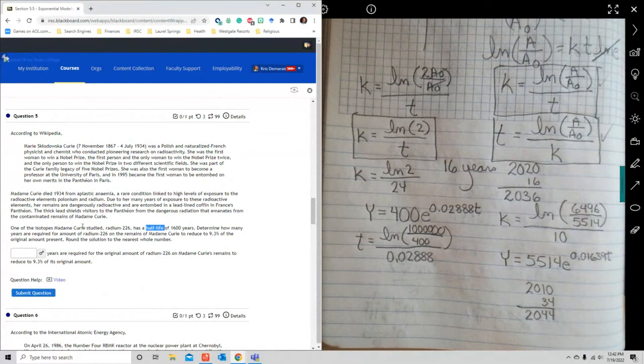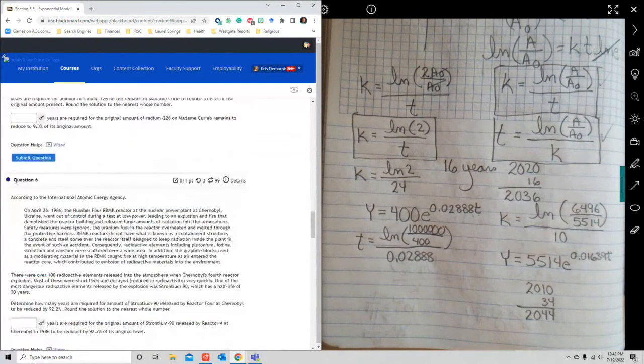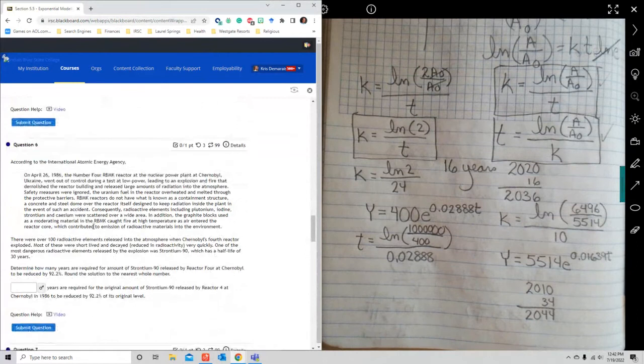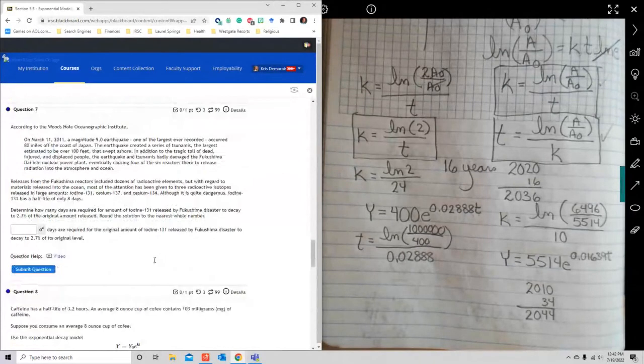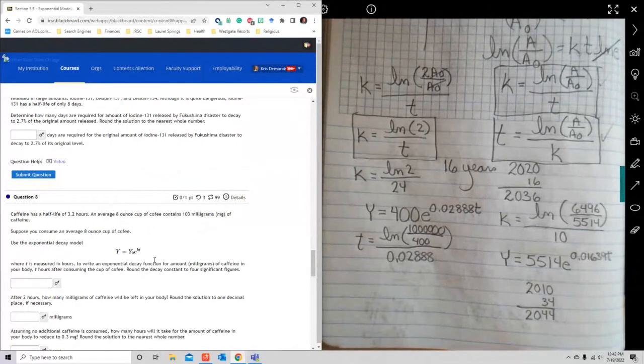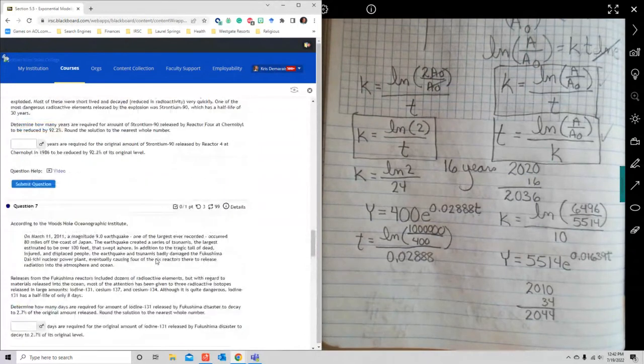I know that I see radium, and then they say it has a half-life. I'm looking for critical words, like either double life or half-life. They do that for what else? Bone deterioration, radioactivity. They have all kinds of different problems that involve decay.